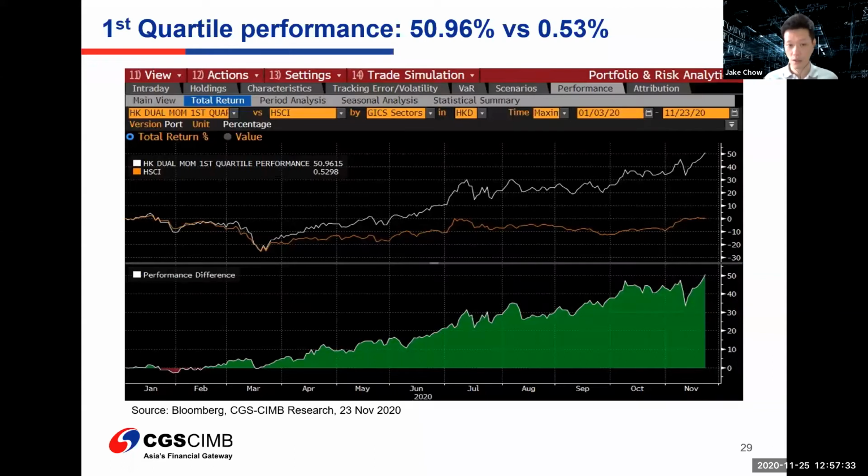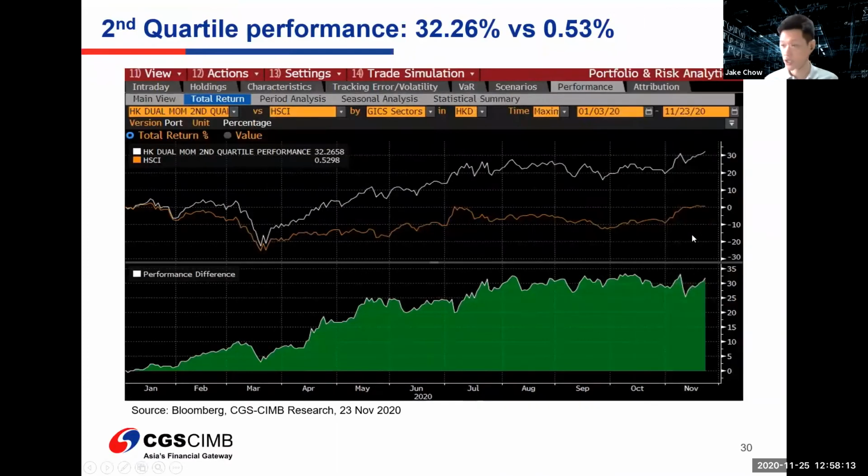To calculate the performance, what I did is basically I used the signals generated on every first Friday of the month, and based on the stocks being screened out in the first quartile, we form an equal weighted portfolio on the first Friday of the month, and we rebalance this portfolio on the first Friday of every month. So it's a monthly rebalancing equal weight portfolio, and performance gross of transaction cost is 50.9% against a benchmark of HSCI of 0.5%.